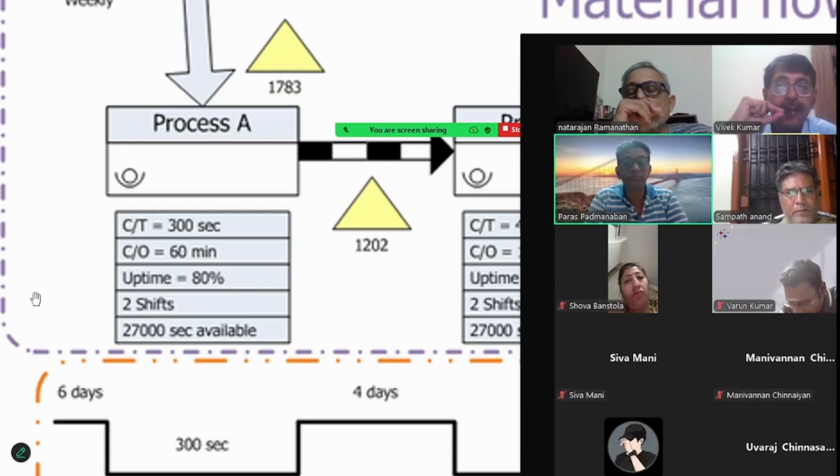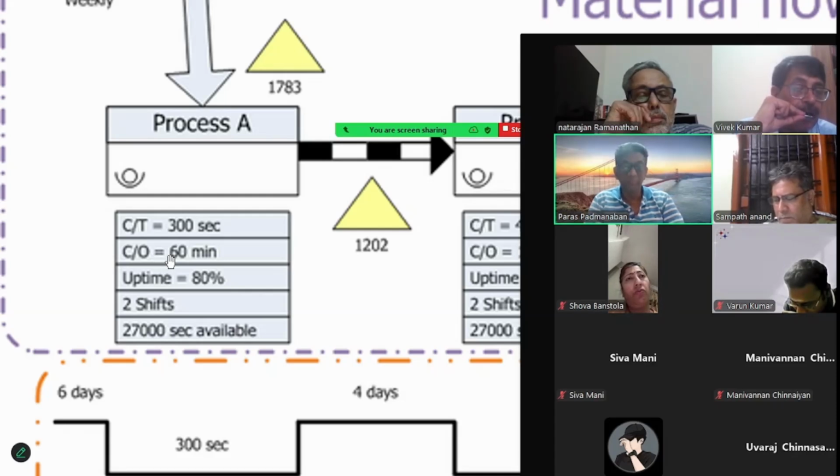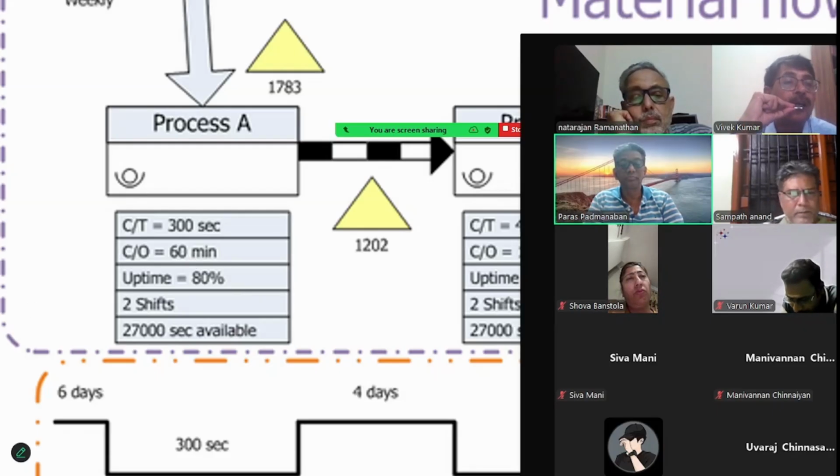Yes. Perfect. What does this mean? CO, change over time. So whenever a changeover happens, the average change over time for this process is 60 minutes. That's why we have observed the process.